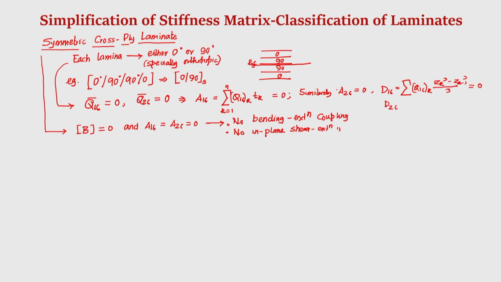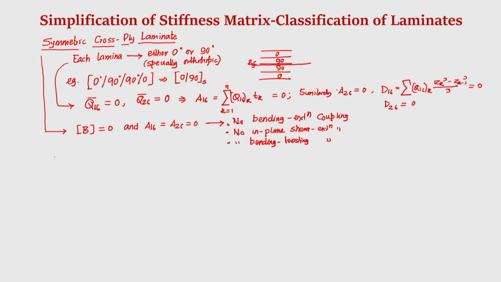Similarly, D26 is also equal to 0. Therefore, no bending twisting coupling. So, these are the characteristics of a symmetric cross-ply laminate.